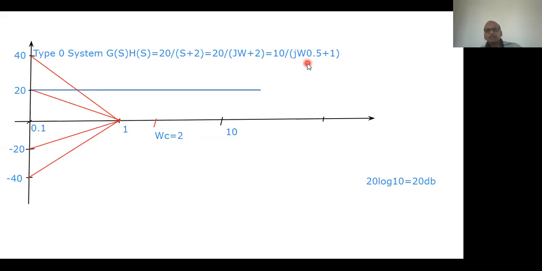In the previous lecture, I discussed that for a simple pole on the real axis, the slope is minus 20 dB per decade.